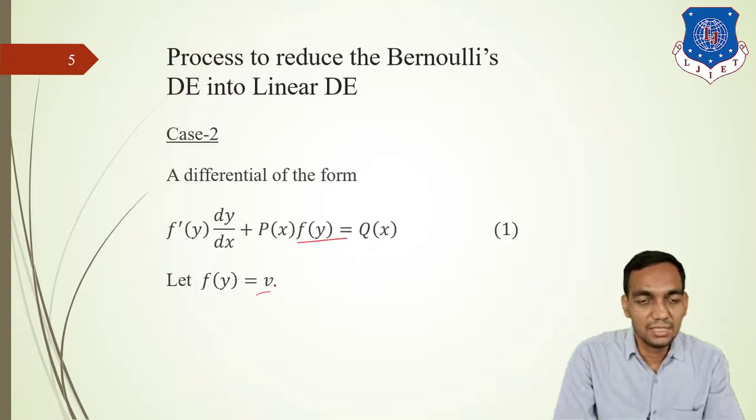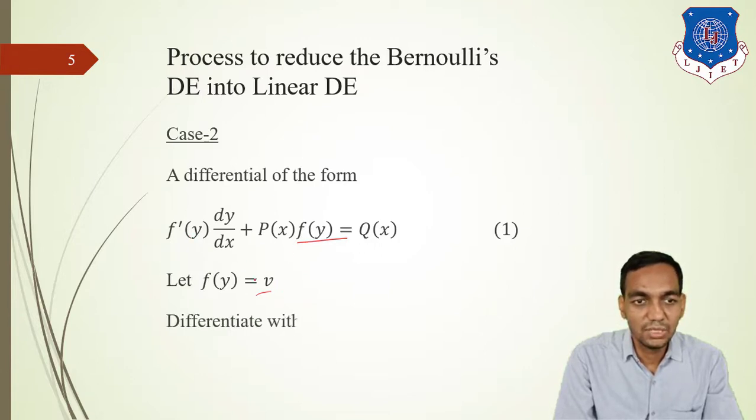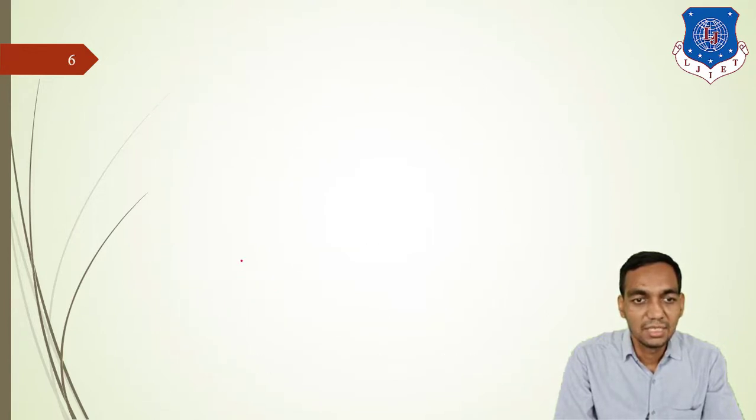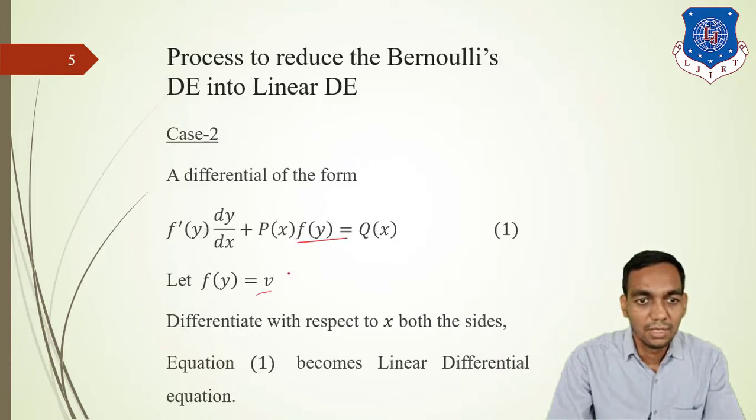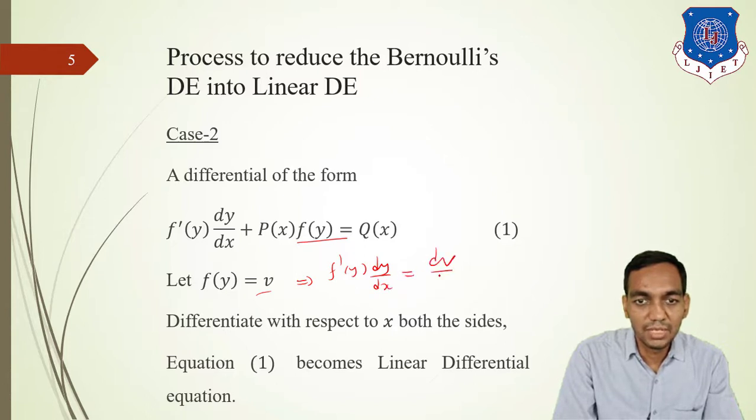In the first case, we have a power of y. Instead of that, here you have some function of y. So here we are assuming that f(y) is equal to v. So if you are differentiating with respect to x, you will have f'(y) dy/dx = dv/dx.